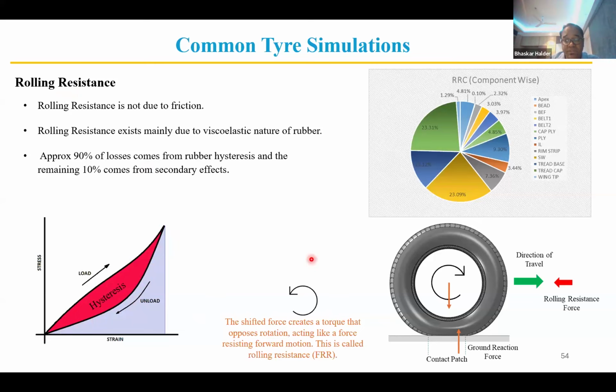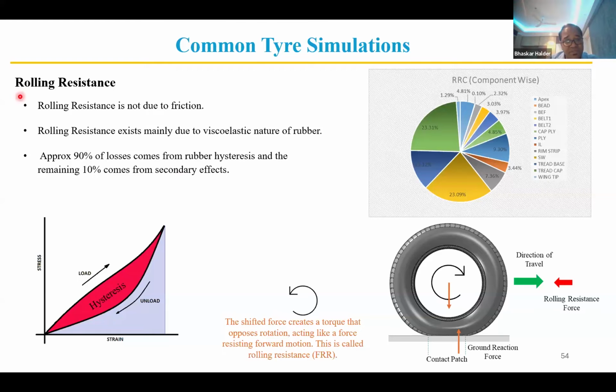Every tire company is trying to develop this type of simulation right now. The challenge is that there is some gap between the real rolling resistance and the simulation, so people are working on that.